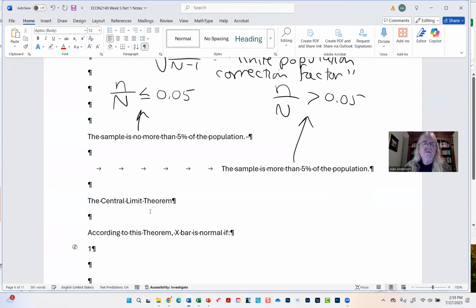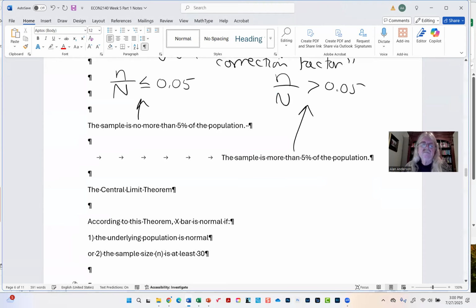Number one, the underlying population is normal. Or, just to make it clear, it's one or the other. It doesn't have to be both. Number two, the sample size n, lowercase n, is at least 30.